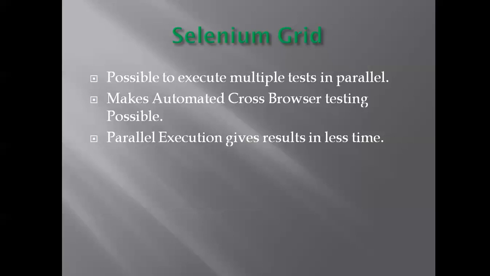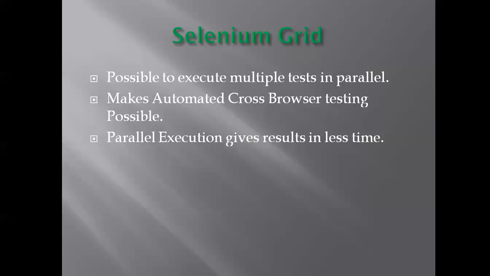Now, through Selenium Grid, we can achieve parallel execution. For example, if I want my test to be executed parallelly on different browsers, we can actually achieve that using Selenium Grid, right? And obviously it makes cross-browser testing possible since we are testing on multiple browsers, right? And the third, major advantage is that it helps us achieve the execution results in much less time.